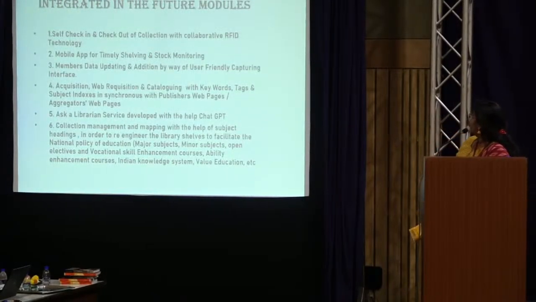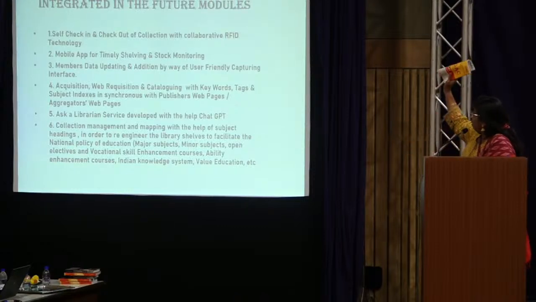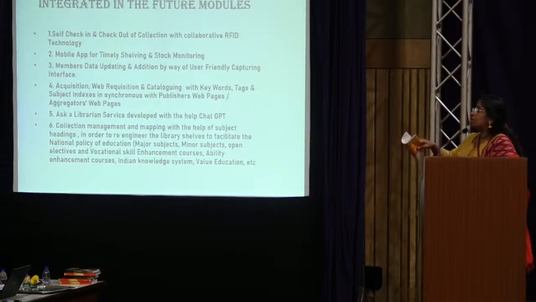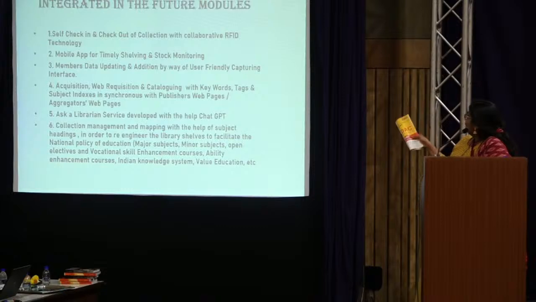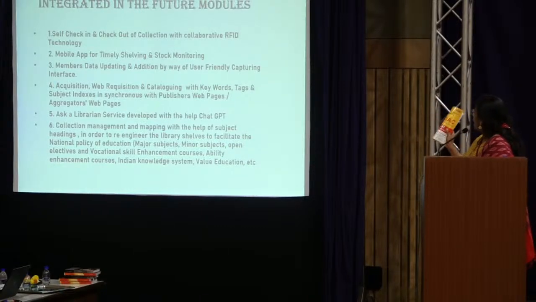I want Slim 21 and the iSlim team to go around with more such technology upgrades, more steps towards higher steps, like self-check-in and check-out of collection with collaborative RFID technology.